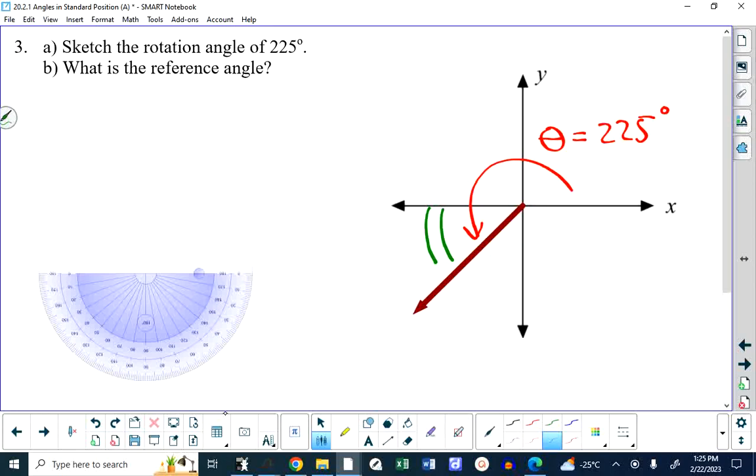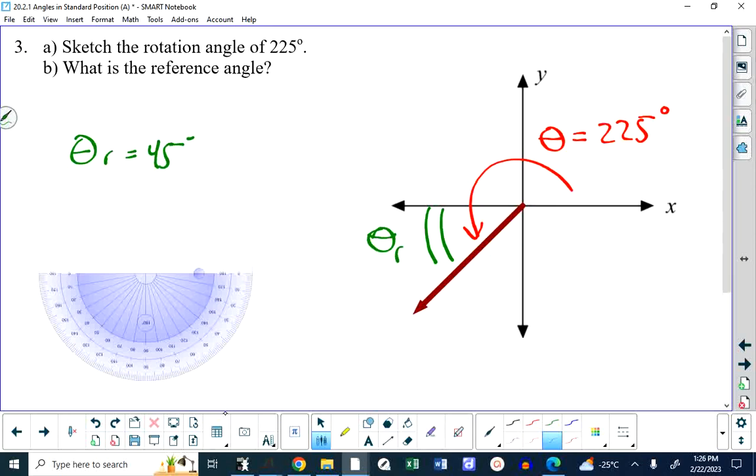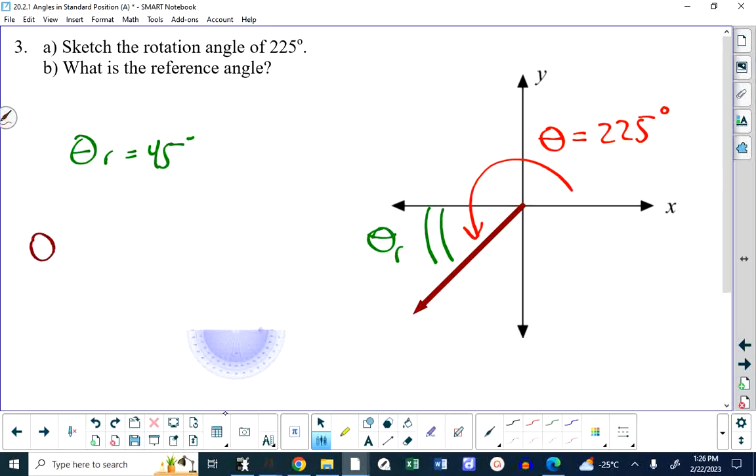We've already figured out it's 225 degrees minus the 180, which gives you 45. So the reference angle has a value of 45 degrees. This is theta reference. In quadrant 3, is this always going to be the case?